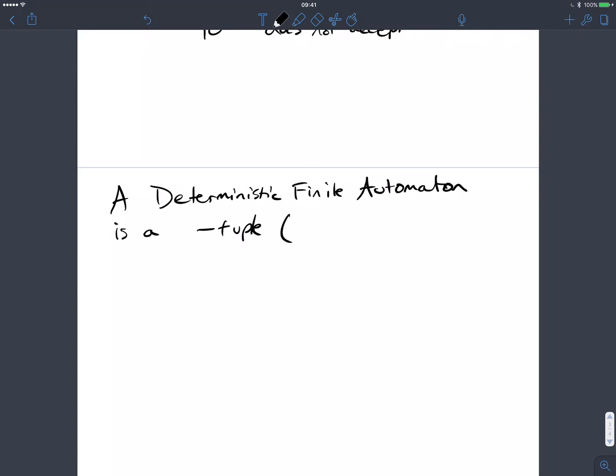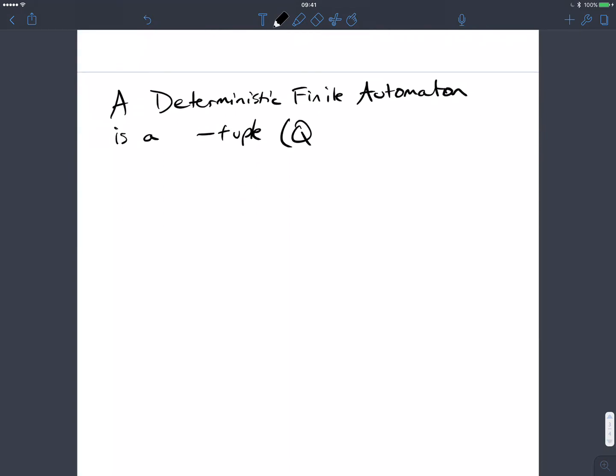Capital Q. So there's going to be more stuff behind it, where Q is a finite set of states. So just what we were talking about previously.